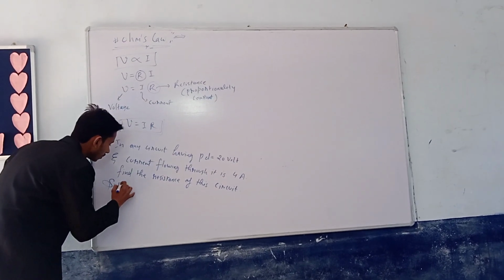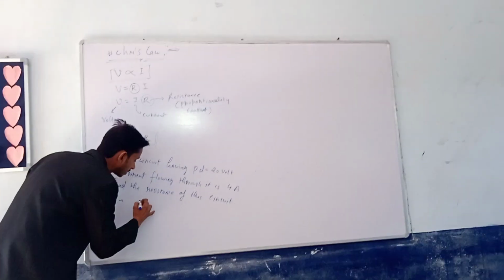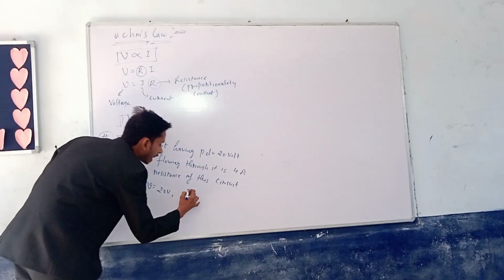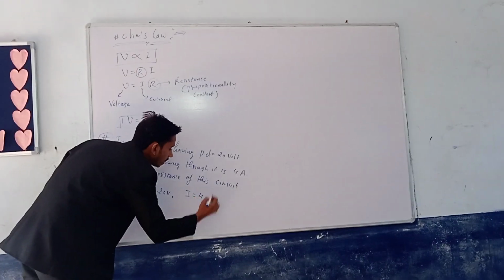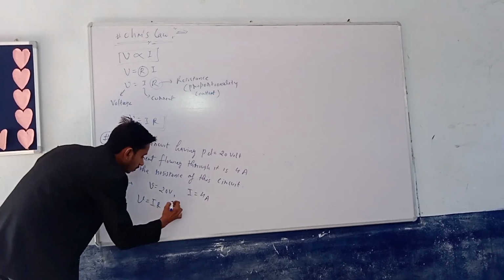So solving this problem, we can conclude that potential difference, that means voltage we have been given, is nothing but 20 volt, and current I we have been given is 4 ampere. Now we know that V equals IR from Ohm's law.